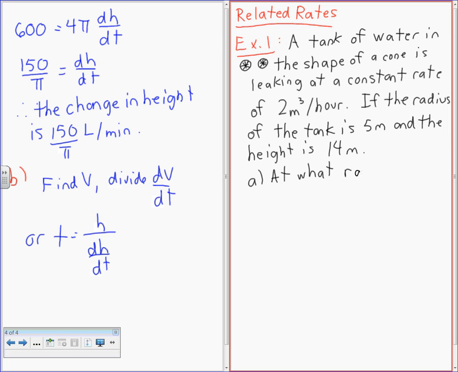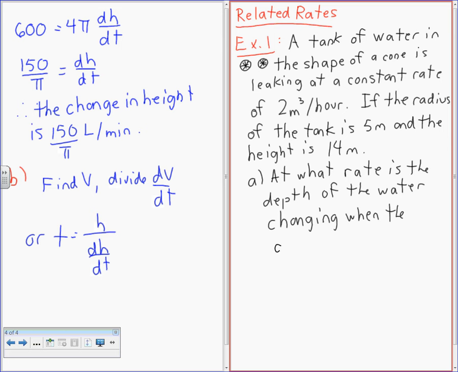At what rate is the depth of the water changing when the depth is 6 feet? Sorry, 6 meters.